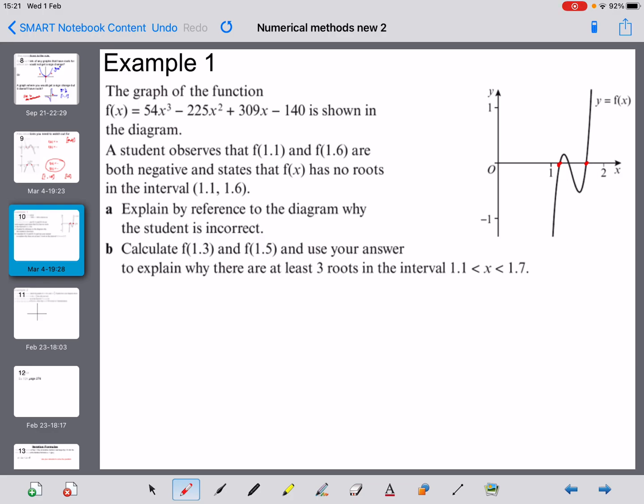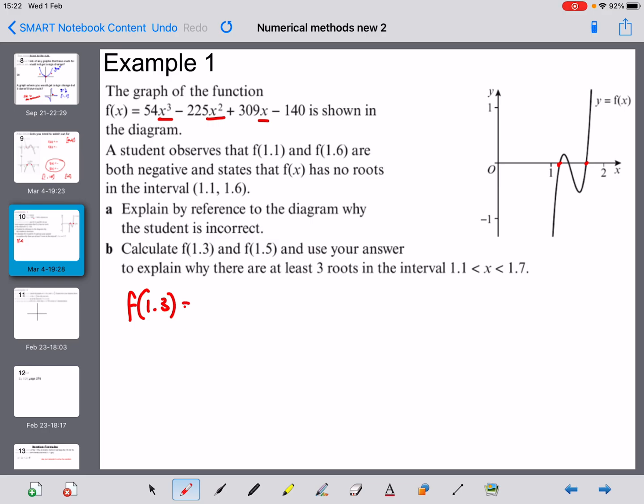So it tells us to calculate f of 1.3. So if we do f of 1.3, we're just going to substitute 1.3 into here, here, and here. And then we also have to do f of 1.5.